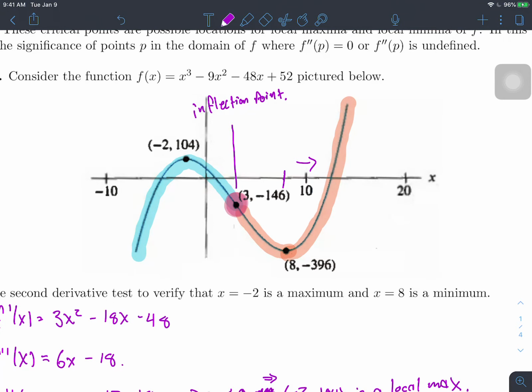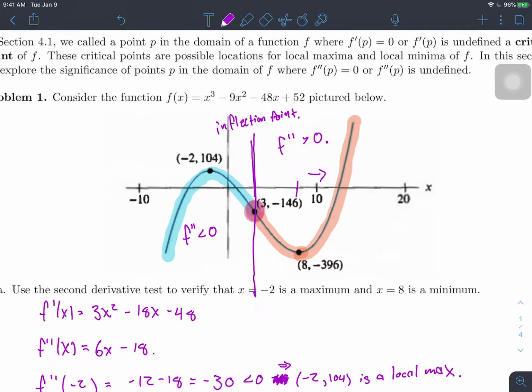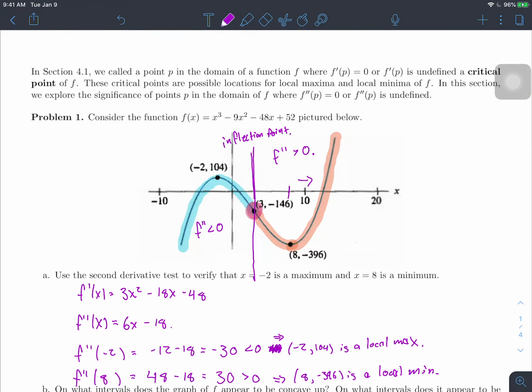To the left of this purple line, we have f double prime less than 0. To the right, we have f double prime larger than 0. What do we think happens at this point 3?